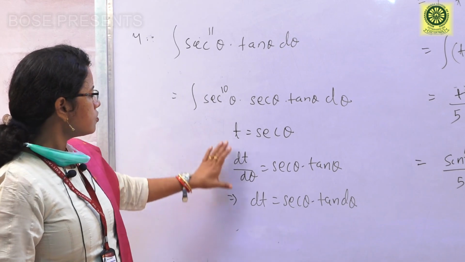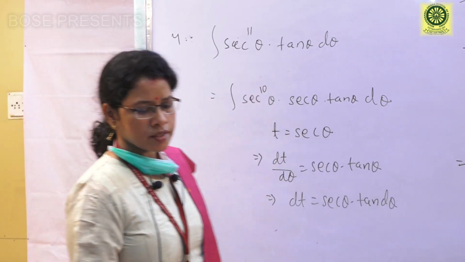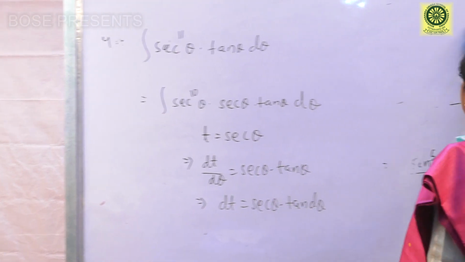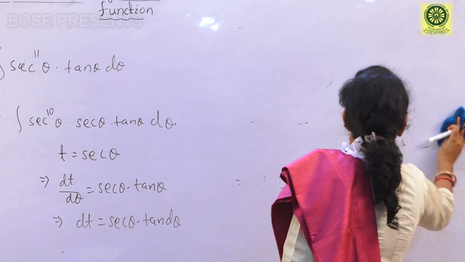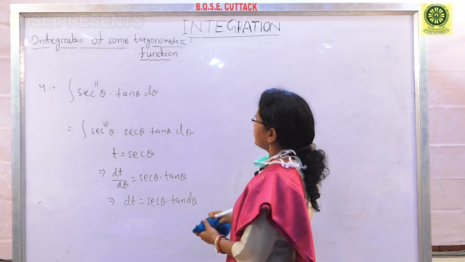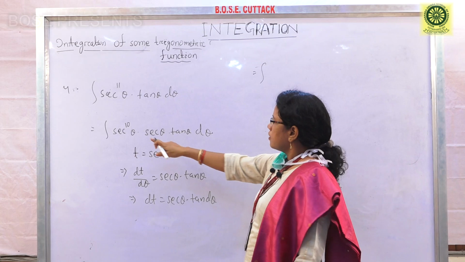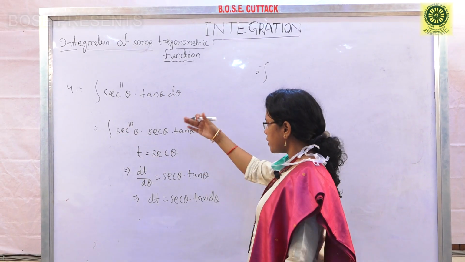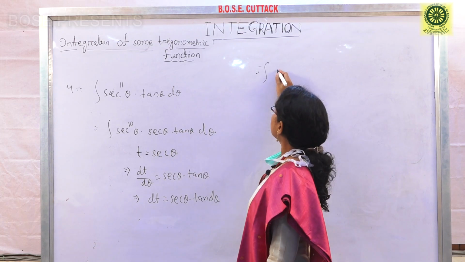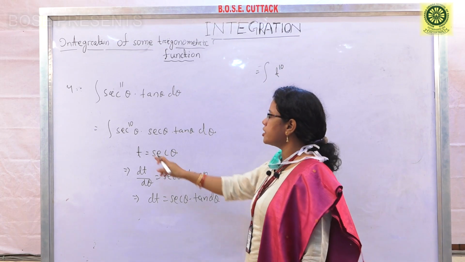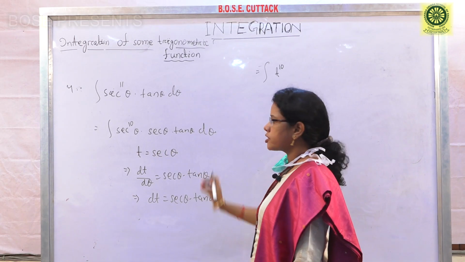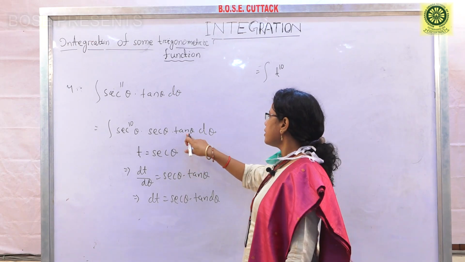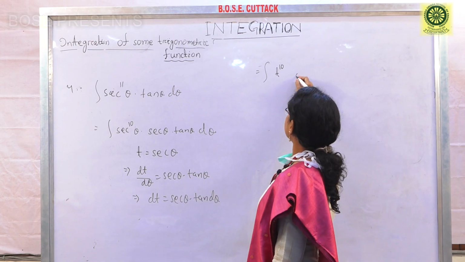Now just use this substitution in this integral. So our integral will be t, where sec to the power 10 theta should be replaced by t to the power 10, because t is sec theta. Then sec theta tan theta d theta will be replaced by dt.